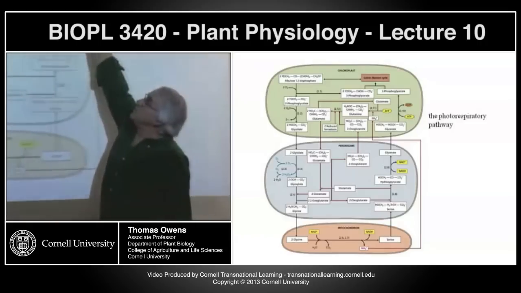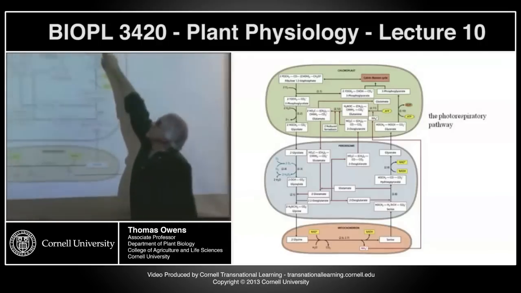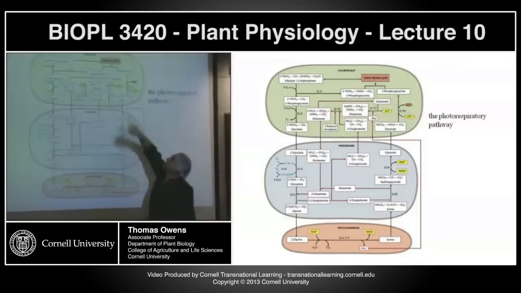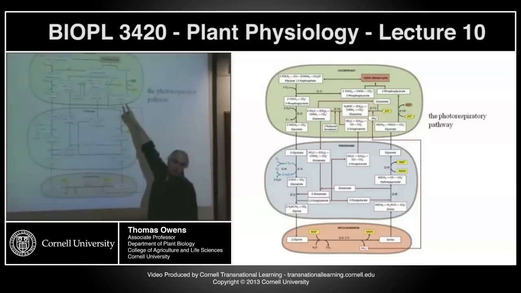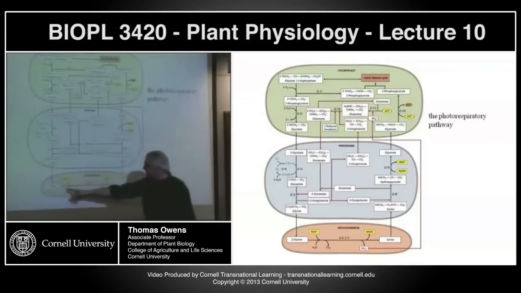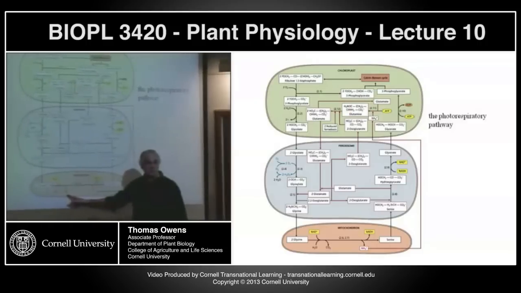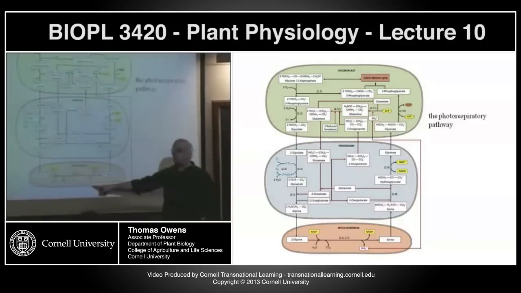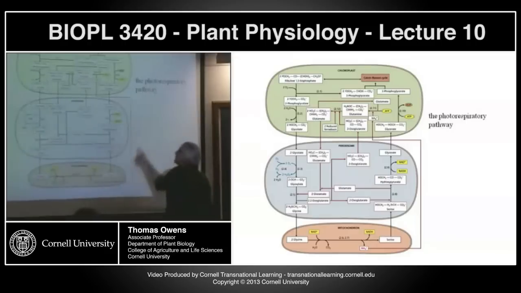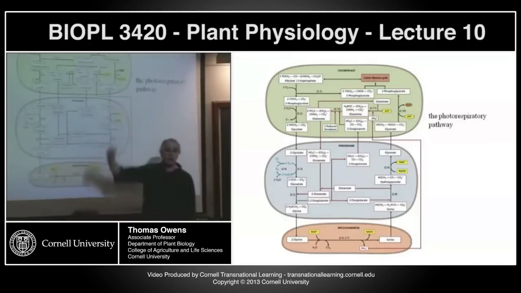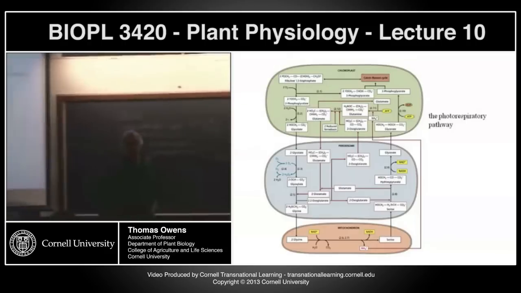1 ATP that's used directly to convert glycerate into phosphoglycerate, and another ATP that's used indirectly because down here, associated with this loss of CO2 reaction, there's also a release of ammonia. Nitrogen is fairly precious to plants, and they don't just get rid of this ammonia. They need to reassimilate it. We'll talk about nitrogen assimilation in a couple of lectures.